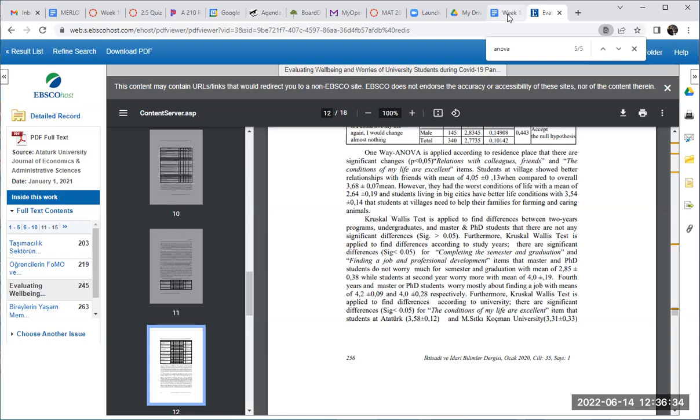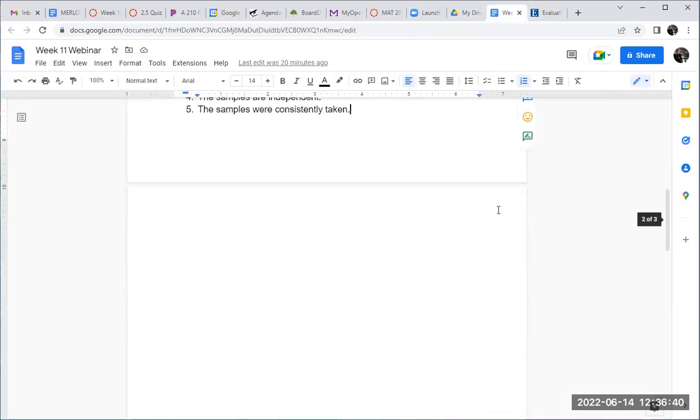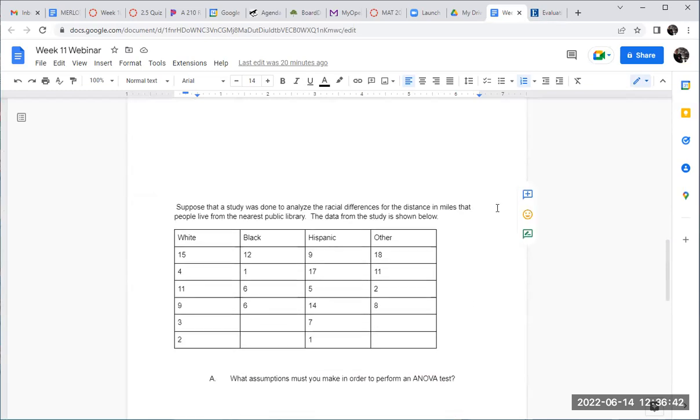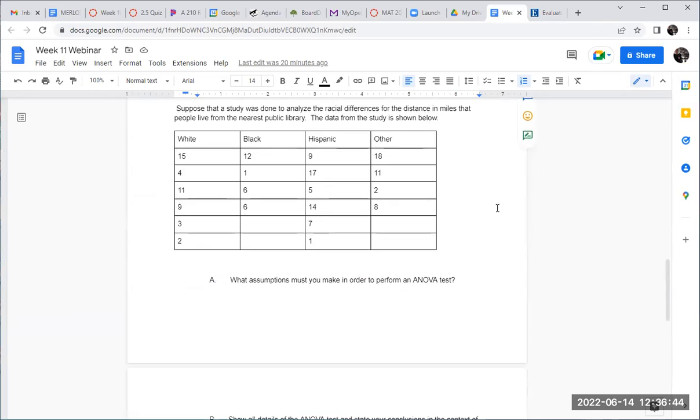All right, so now let's do an example. Okay, and I want to remind you, do you remember what it means if I start with the word suppose? It's not real. Yeah, it means I totally made it up, but it could be done.